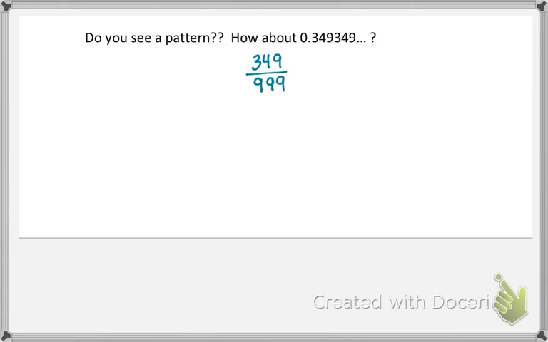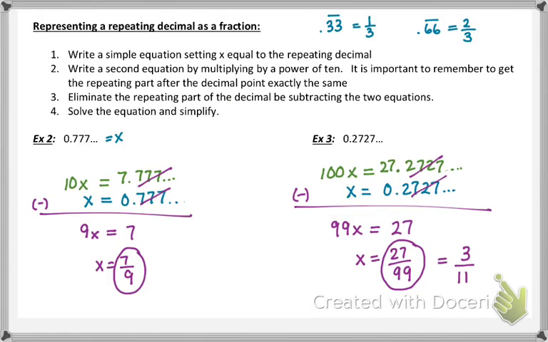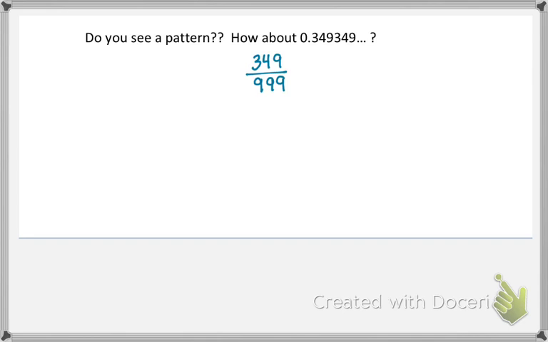Alright, and so some of you might have caught the pattern that is just whatever the repeating digits are over 9. If there are 2 repeating digits, it's over 99. And if there are 3 repeating digits, then it's over 999.